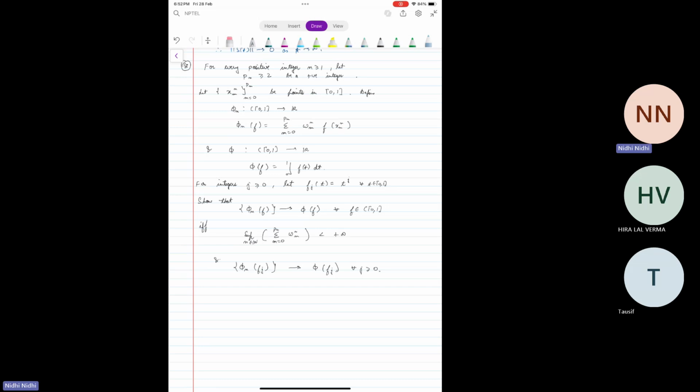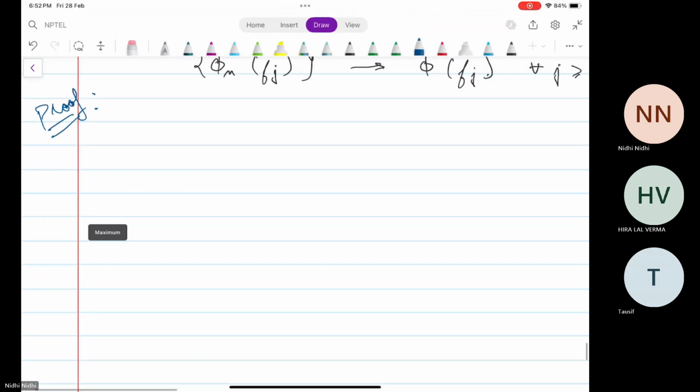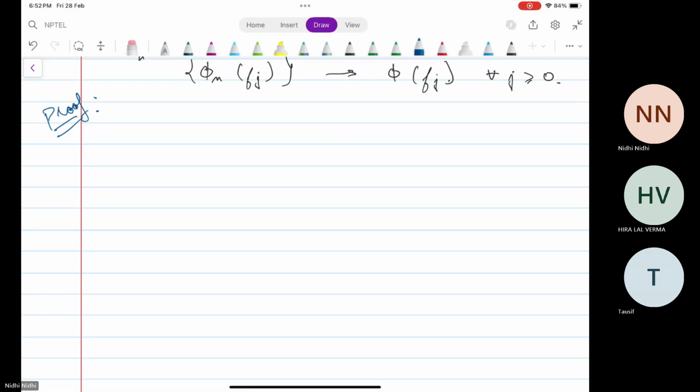So let's start with evaluating norm phi_n. Proof. Firstly, let us evaluate norm phi_n. Now, norm phi_n, this is the operator norm.